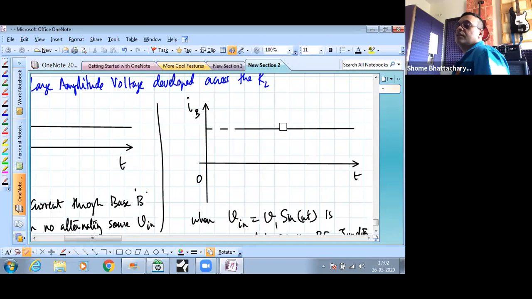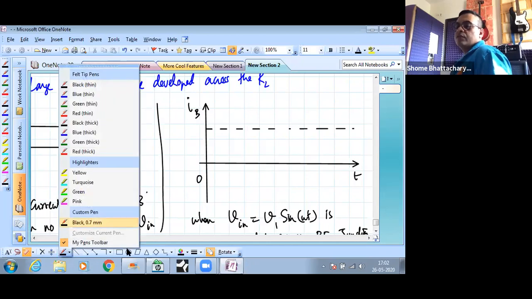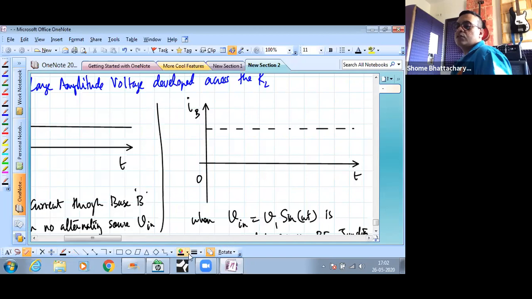So let's say you've connected the DC battery VBB of a few volts. In the case of no input signal connected, it would have kept the voltage across the base emitter junction at a constant value of a few volts. So the current going through the base would have been a constant flatline base current, or the DC current. But now that input voltage is, let's say, a few millivolts in amplitude, but it is alternating.